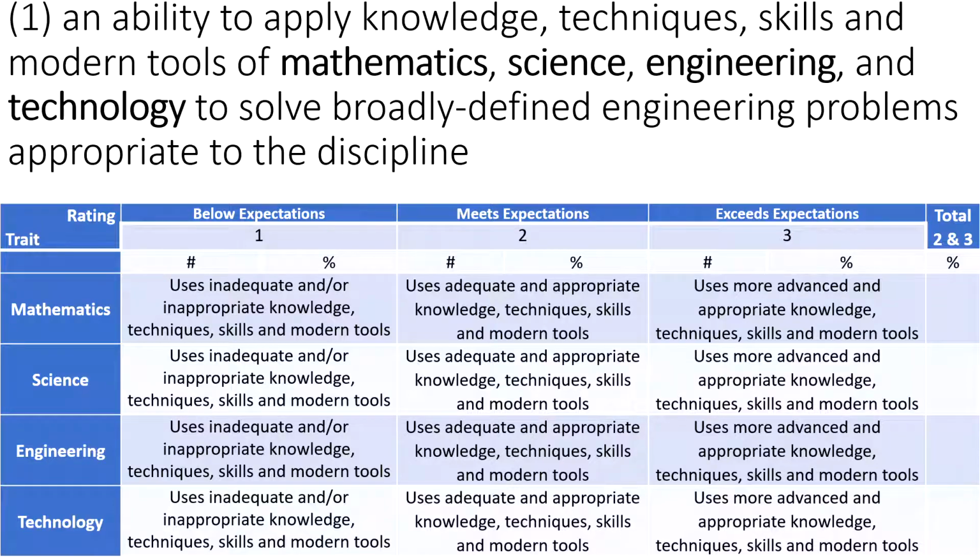You cannot simply use a course grade or an overall performance to see how students are doing on this particular learning outcome. If you want to see whether a student can apply mathematics or science or engineering or technology in solving problems, you have to assess them separately. You have to have a separate assessment rubric for each of these constructs.